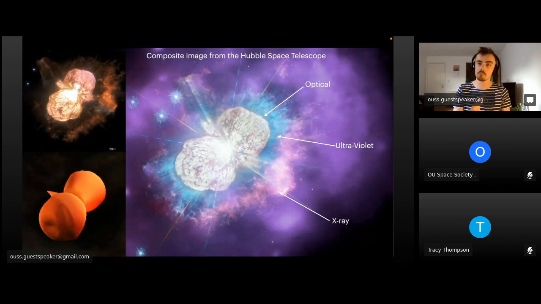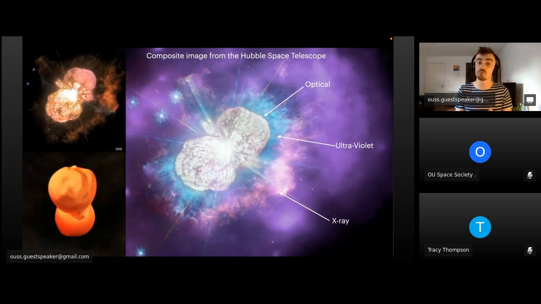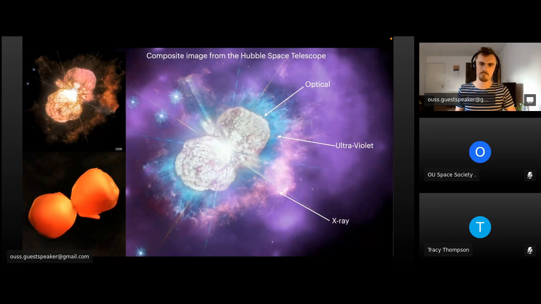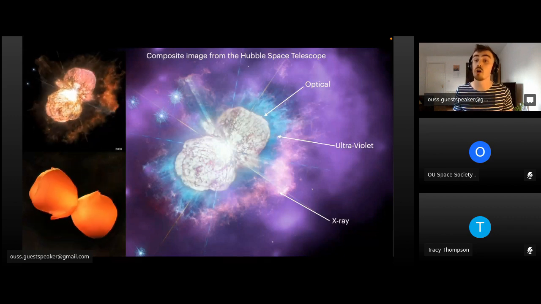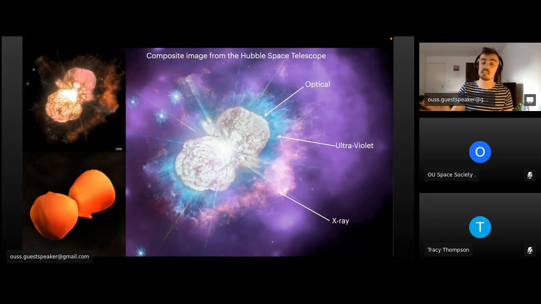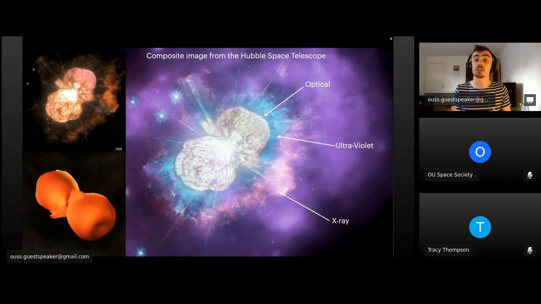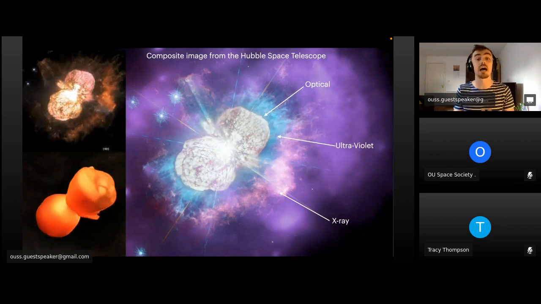So these are images taken in different colors, and then we combine them to show you roughly what the system would appear like to your eye. So we have optical, ultraviolet, and X-ray data in this image, and you can see where regions glow the most. And we can use this information in these different colors to study the object and how it exploded.